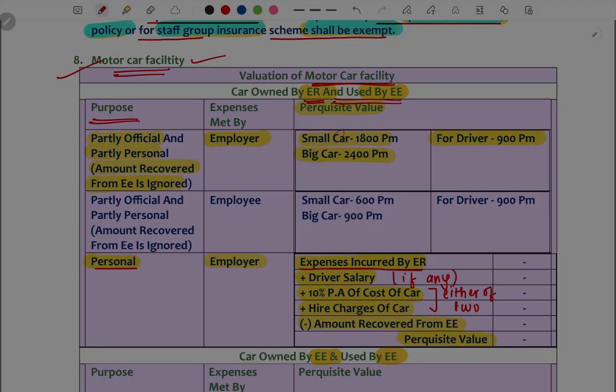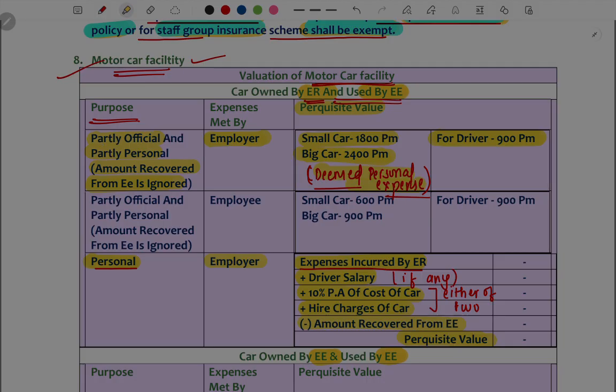It will be your deemed personal expense, and it would be your perquisite value: small car 1800 per month, big car 2400 per month, driver 900 per month.